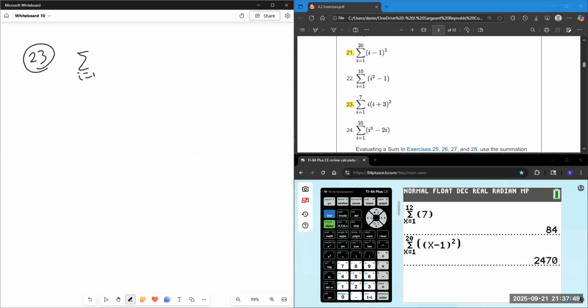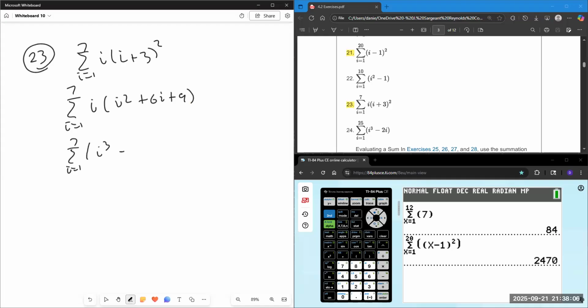Summation i equals 1 to 7 of i times i plus 3 squared. i equals 1 to 7 of i times i squared plus 6i plus 9. Summation i equals 1 to 7 of i cubed plus 6i squared plus 9i.